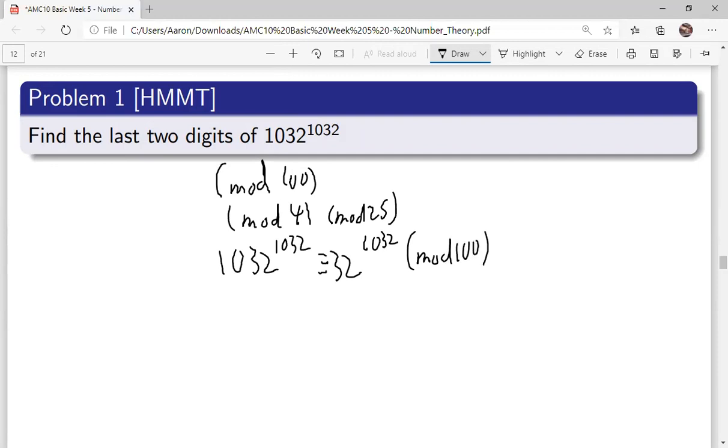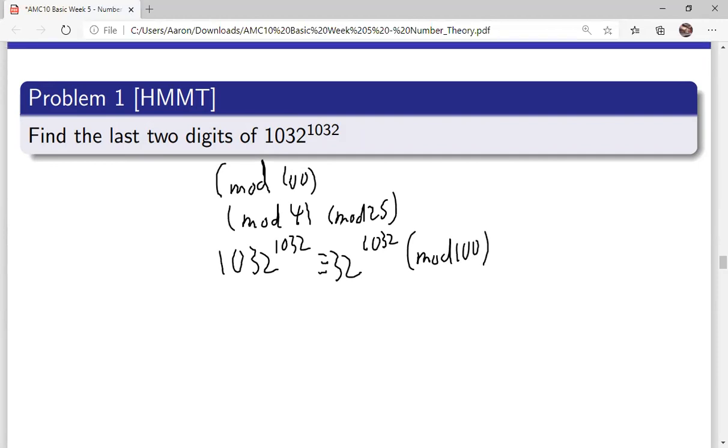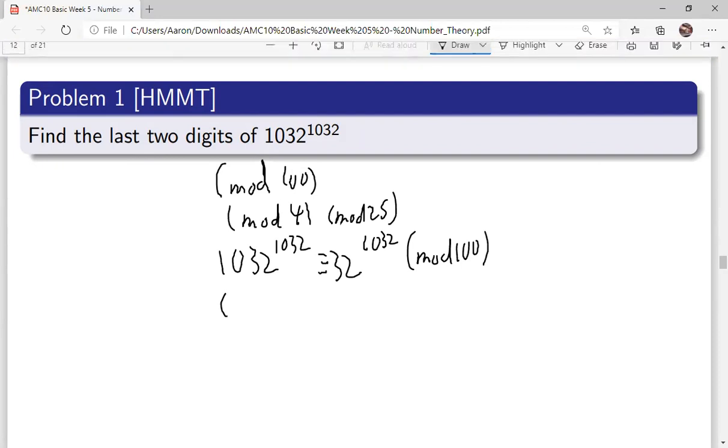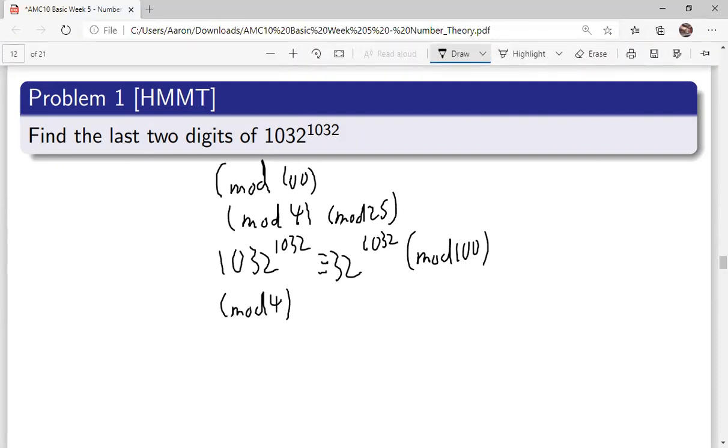And this just makes the numbers easier. And by using CRT, you know that finding this 32 to the 1032 mod 4 and mod 25 is sufficient to find it mod 100.